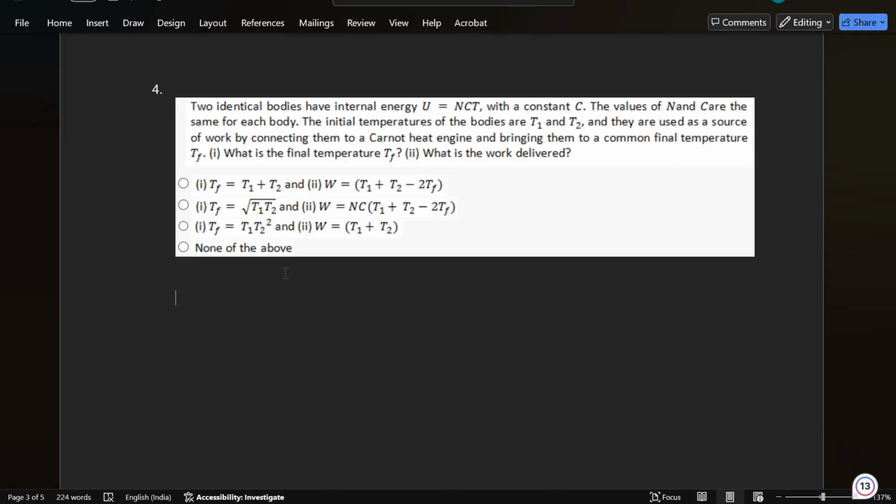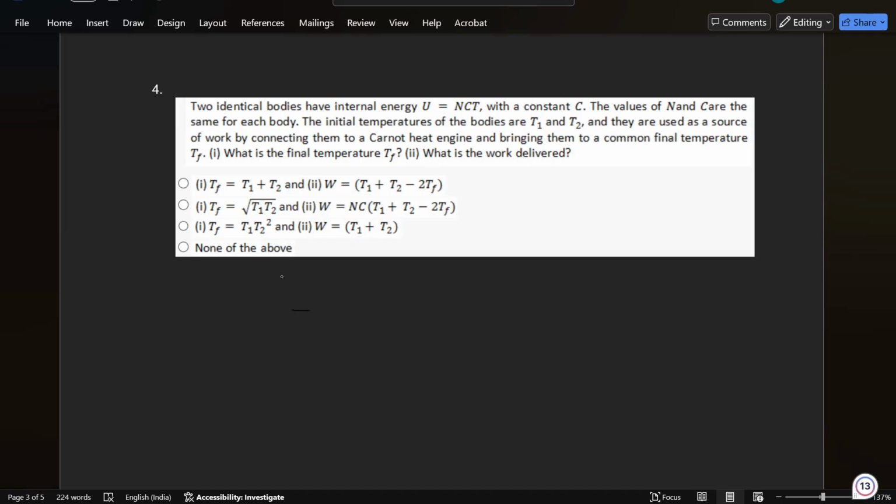This is the Carnot system, and here is a common final temperature TF. We need to calculate the final temperature, and here the initial temperatures of the bodies are mentioned as T1 and T2. Okay, good.